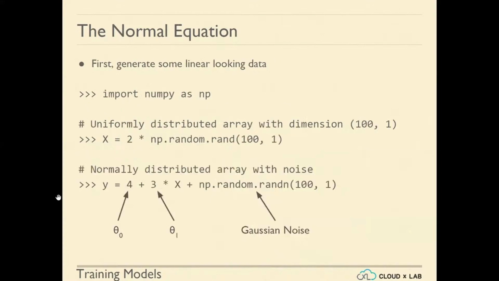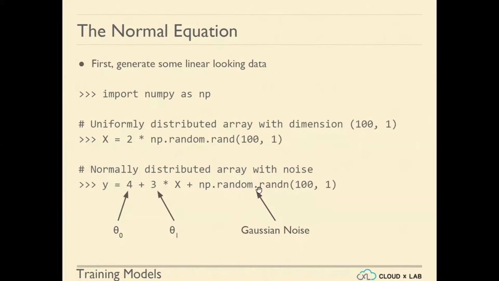So for that, how are we generating data points? Output is equal to 4 plus 3x plus this random number, right?